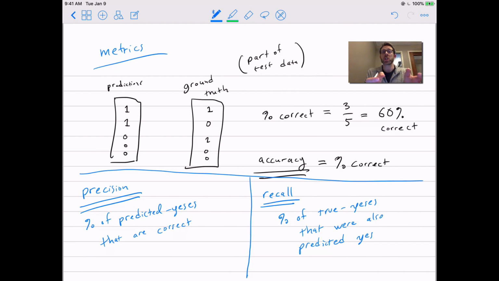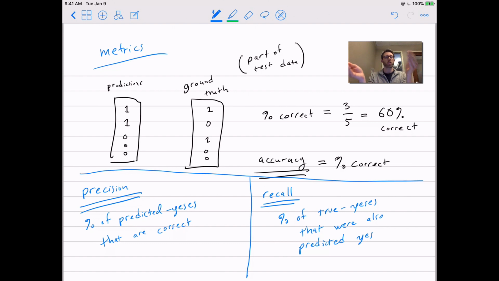Then our precision is about 2/3. Now let's say that there were a total of 40 articles in the entire set that were actually about Joe Biden, and we said we only correctly noticed 20 of them, even though we predicted 30 yeses. Remember, only 20 were correct. Then our recall is 50% because we only got 20 of those articles correctly out of the 40 that existed.